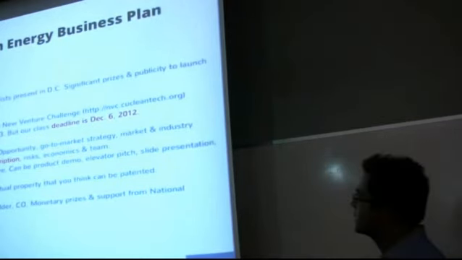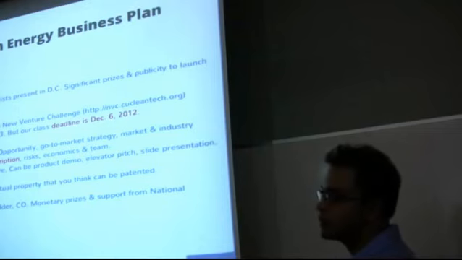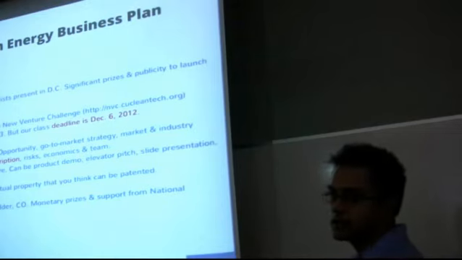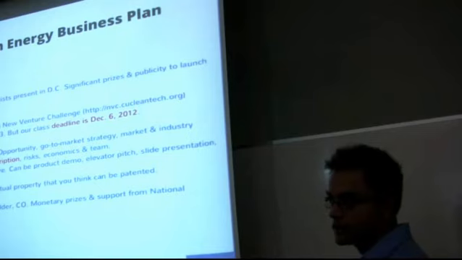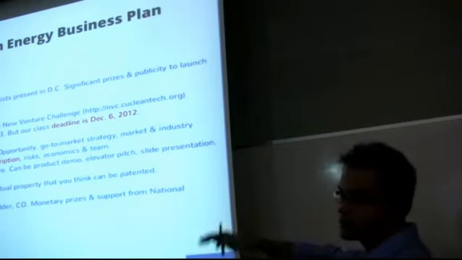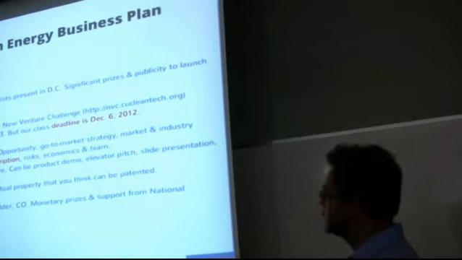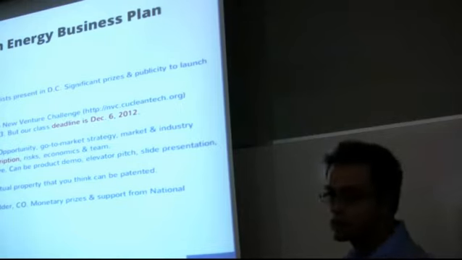Brief note on the clean energy competition. It was run for the first time last year. It's run by the U.S. Department of Energy. The way it works is that the national competition is conducted in Washington, D.C. They fly you up there, and it's a big deal. Secretary of Energy is there and so on. Significant prizes, all that kind of stuff.